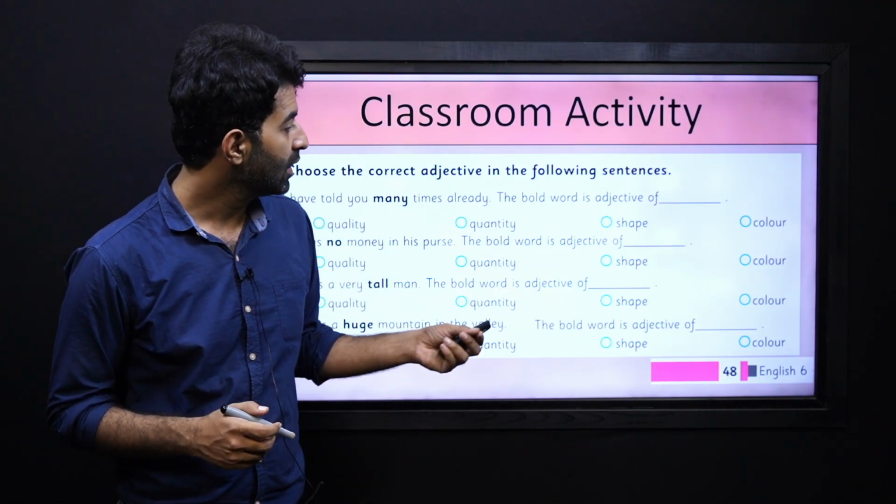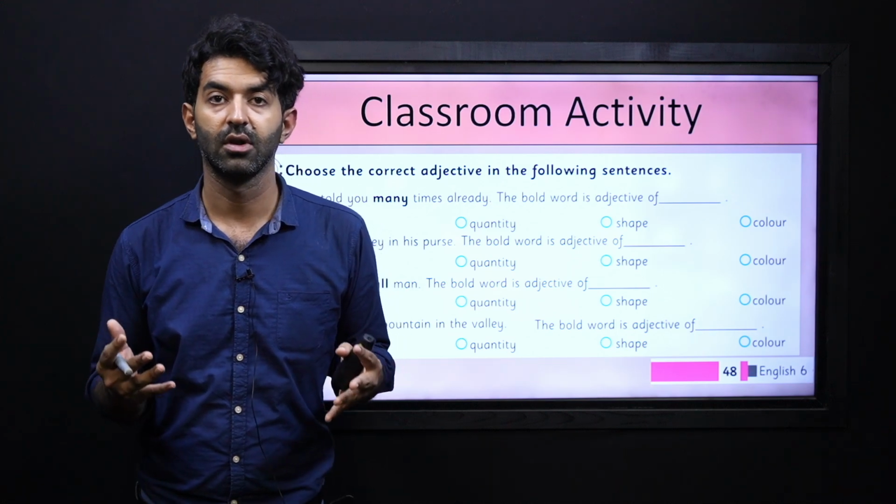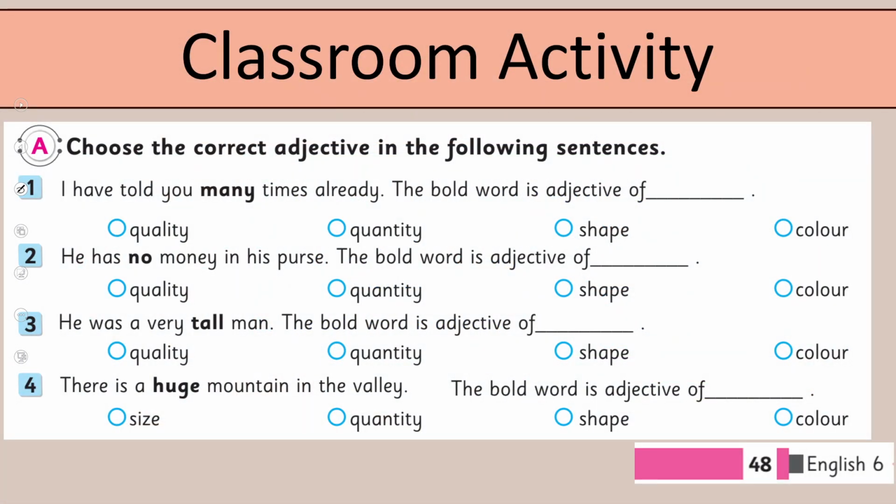And now, let's solve this together. So be very attentive, students. You have to choose the correct option, the correct adjective, in the following sentences. I have told you many times already. Now, the bold word many is an adjective.